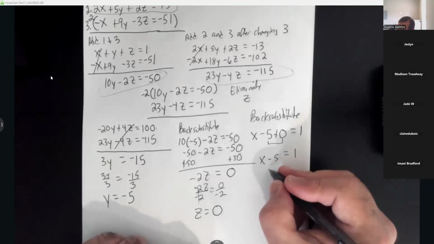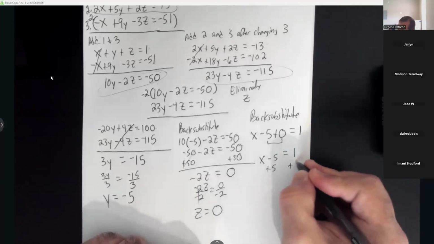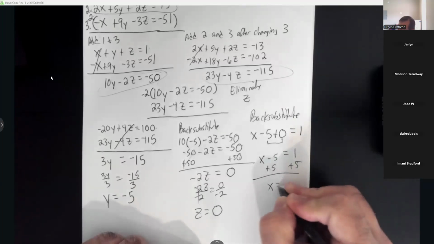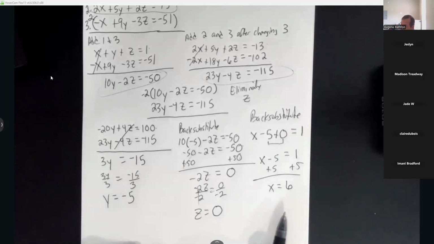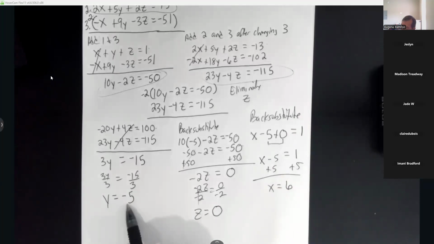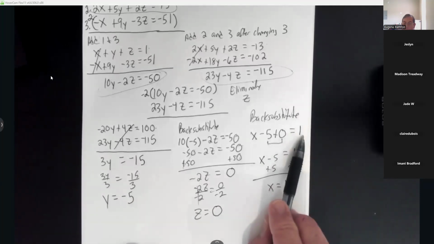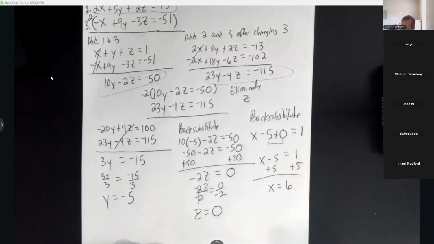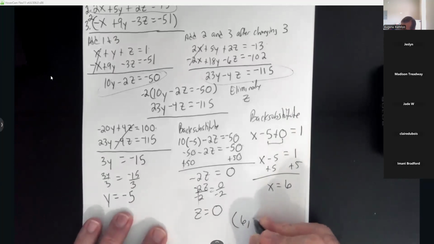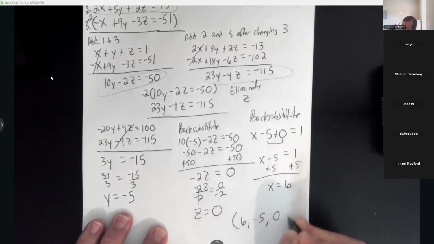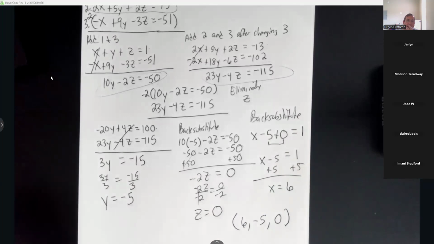To solve this, I would add 5 to both sides and get x equals 6. So 6 and -5 is 1, plus 0 is 1. So this works out. So remember in MATLAB, you would put a 6, -5, and 0.